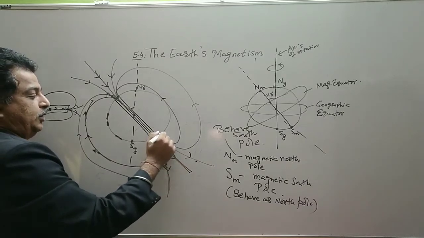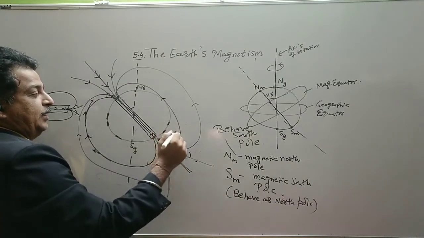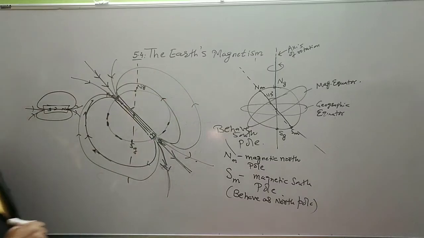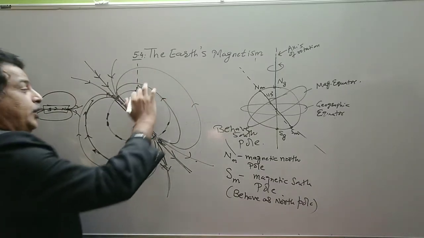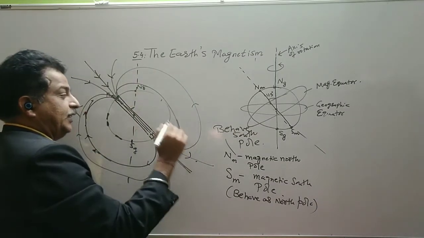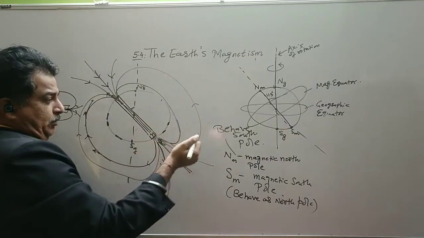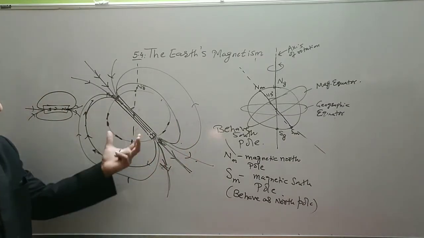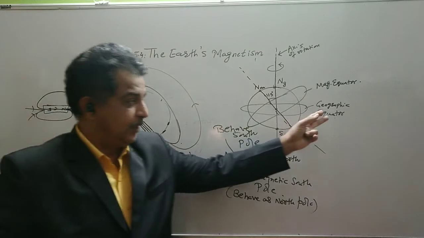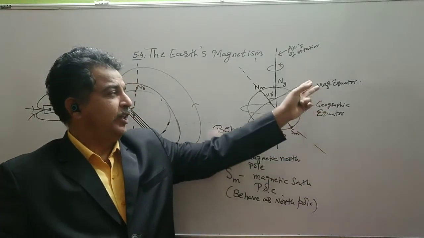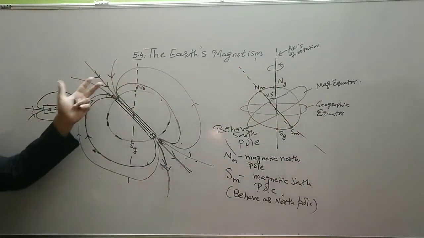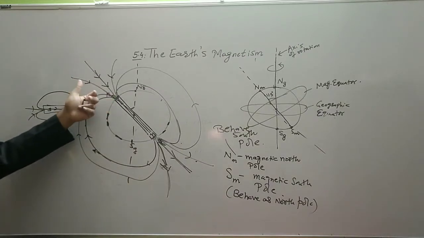So depending on which place you are, because the magnetic field lines are drawn curved, it should be along the tangent. So we will see what the magnetic field intensity is at the equator, geographic equator or magnetic equator, or on the poles.